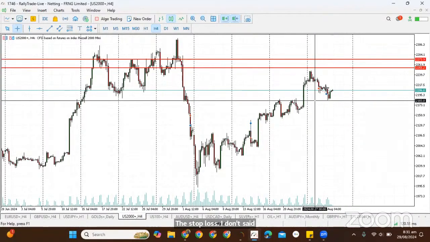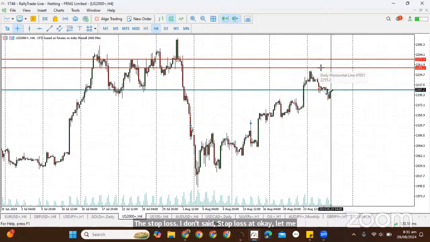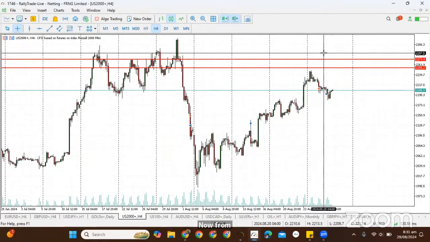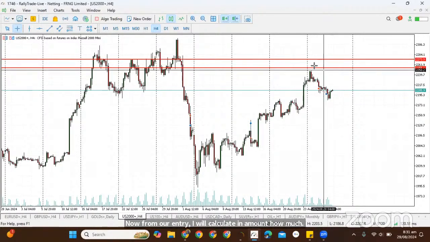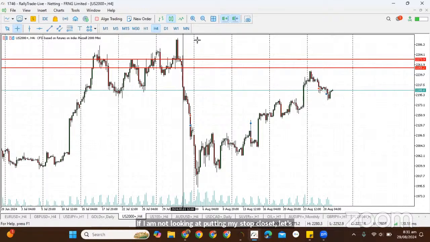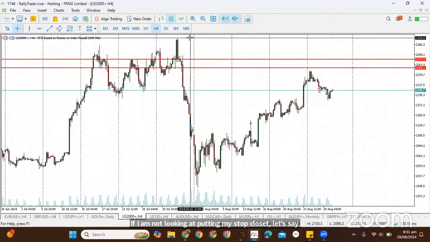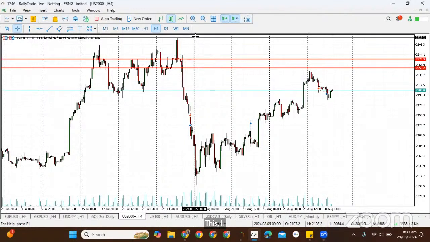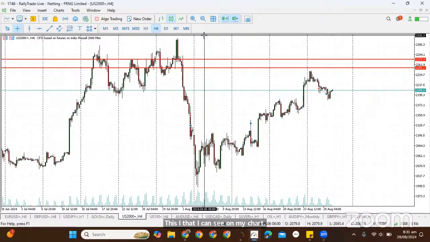From my entry, I will calculate in amount how much my loss will be if price can successfully break this high, which is this high that I can see on my chart. So my loss, will it be up to 30, 40,000?